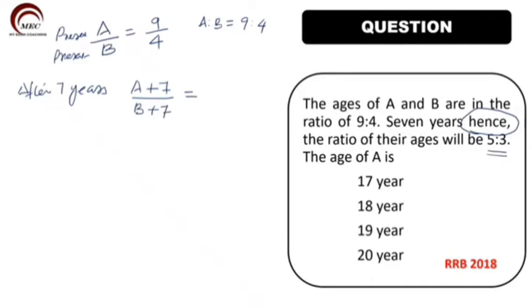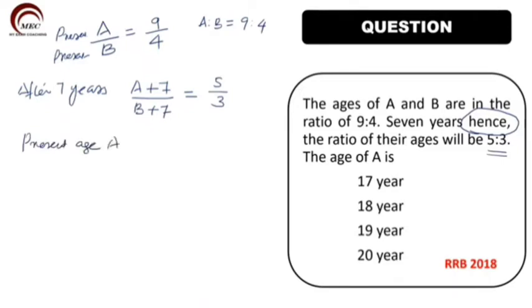At that time, their ratio will be 5 is to 3. Then what is the age of A? This is what we need to find out. From here, A is to B is 9 by 4, so let us take the present ages as 9x and 4x.